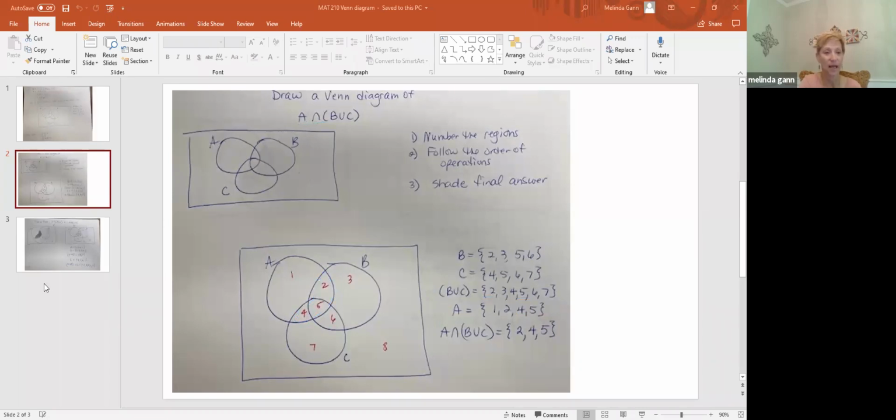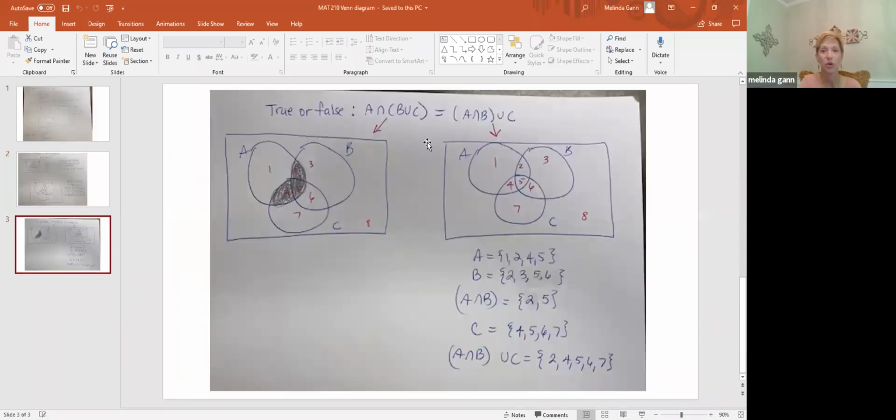Now look at this next slide. True or false, these 2 things are equal. Well, what I would do is a Venn diagram shading of both and see if the pictures match. Now, this is the one we just did on the other slide. So you can go back to the previous slide and we have our scratch work. Remember, that's what we shaded. Well, let's do a shading of this one.